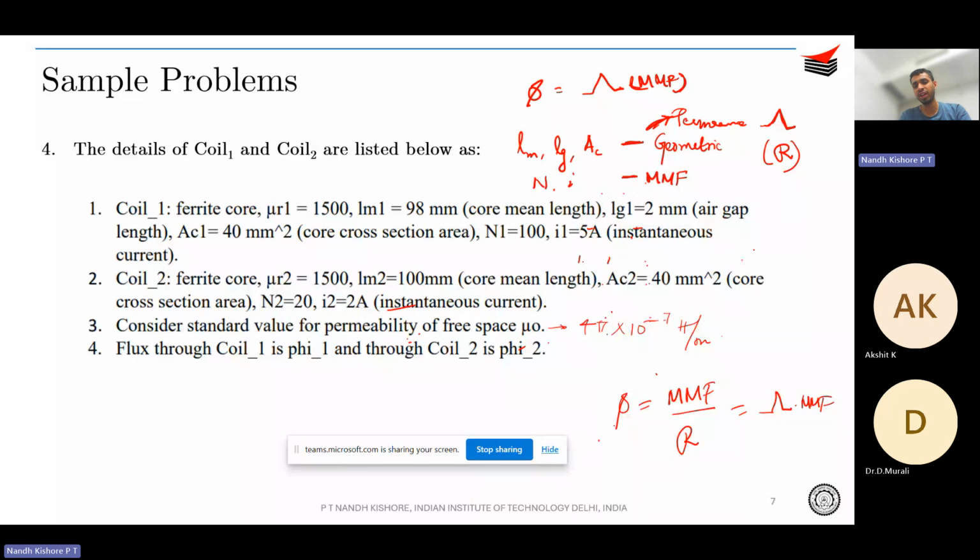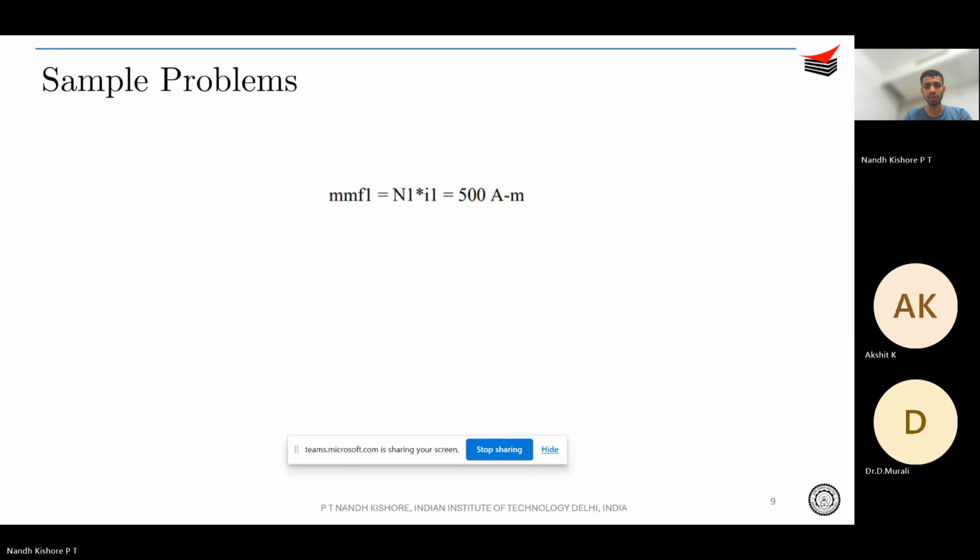So you individually need to calculate the permeance and multiply that with the MMF, and you get the answer. Okay, so the first step is simple, that is MMF1, that is N1 into I1.